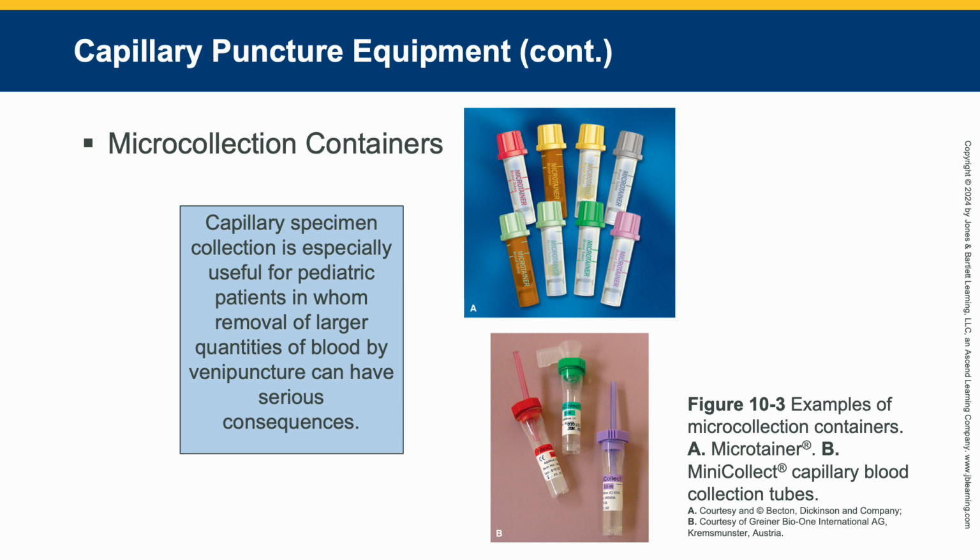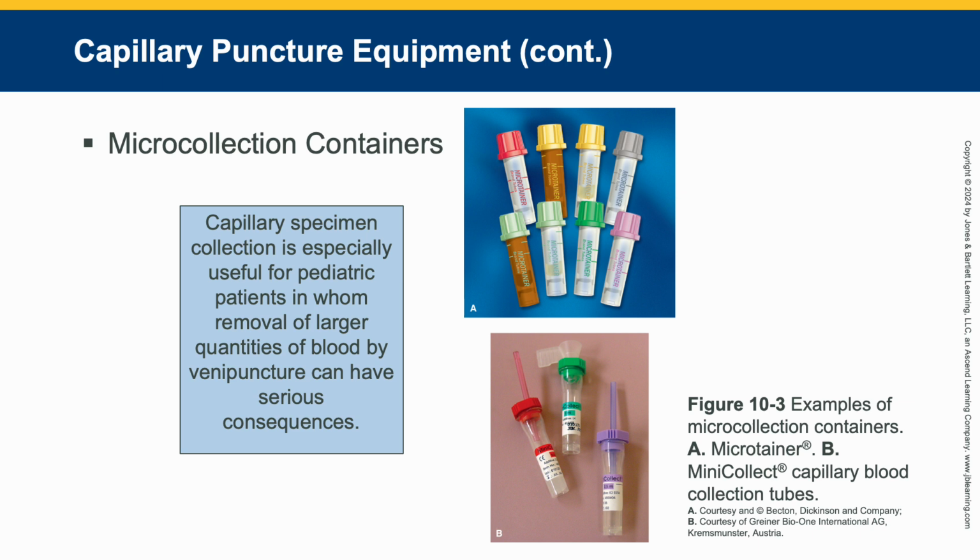So if you're using microtainers for venous blood, if it is allowed, then this specimen needs to be labeled as venous blood, not letting the lab think that this is capillary blood, because otherwise they will think that you did a finger stick or maybe a heel stick.